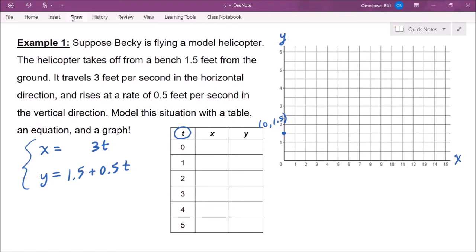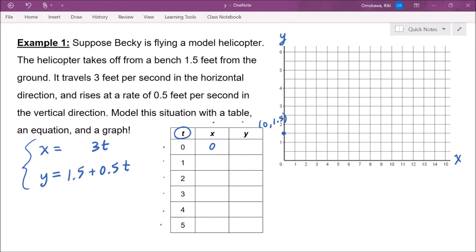So remember how this table works. You plug in the time values, the t values, and that gives you the x and y position of the helicopter at those times. So for example, at t equals 0 seconds, you plug it into here for x, so 3 times 0 is 0. And then also plug the time in for the y to get 1.5 plus 0.5 times 0.